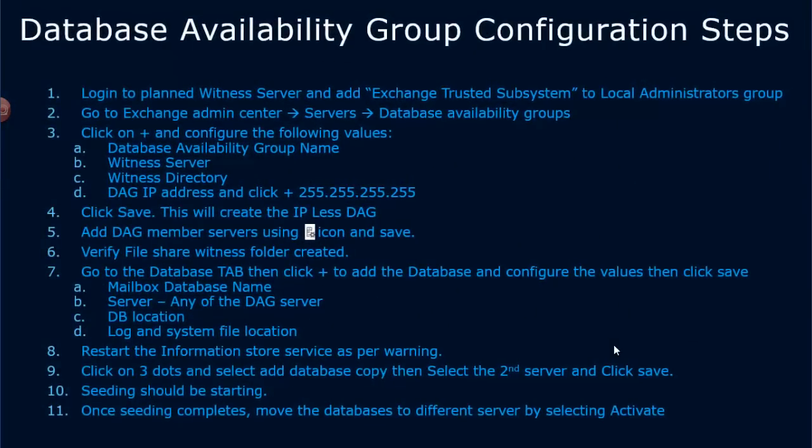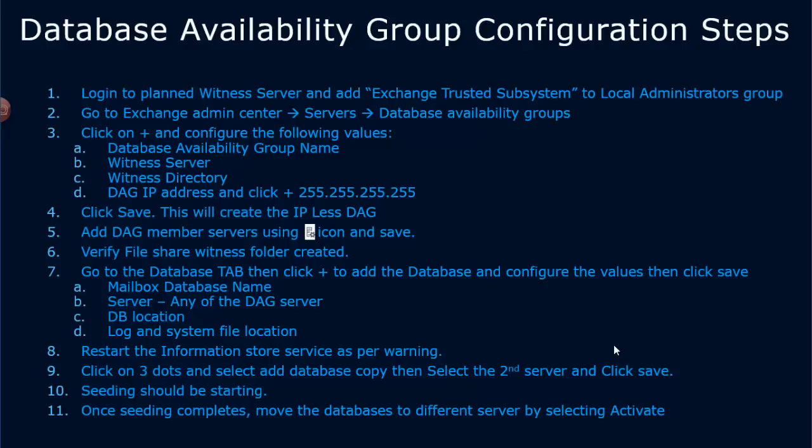Database availability group configuration steps. We need to do a lot of planning before we start configuring DAG. We should know which server will be the file share witness and what we are configuring. Are we configuring a 3 data center DAG or a 1 data center DAG? According to that, we need a lot of planning.